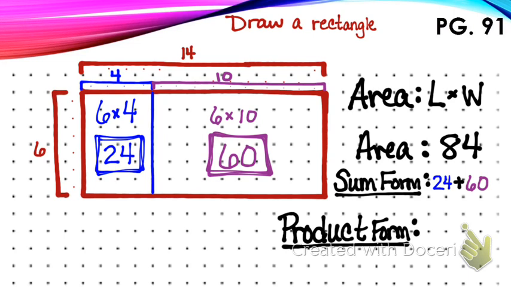So I have 6 times 4 plus 10. Why am I adding the 4 and the 10 together? To get that whole side right there. You guys okay with what I've got so far?